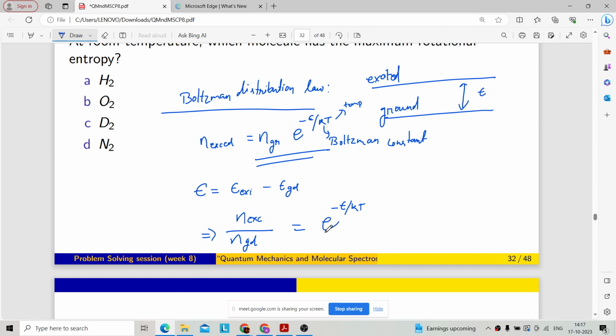So if it is very small, this ratio will be very small. That means the distribution will be very small. It will have less entropy.